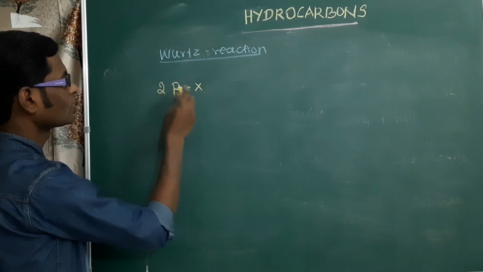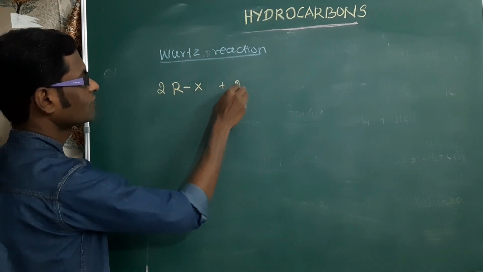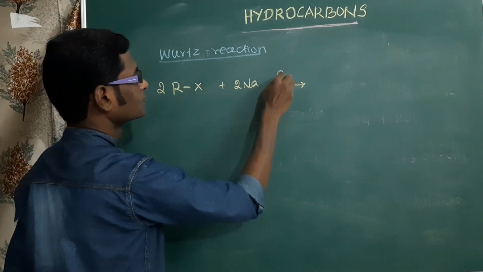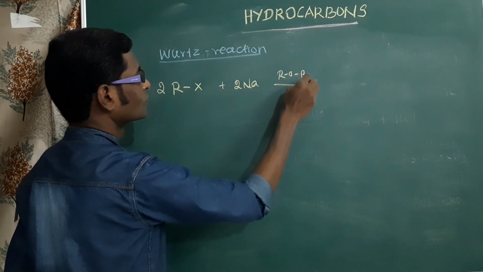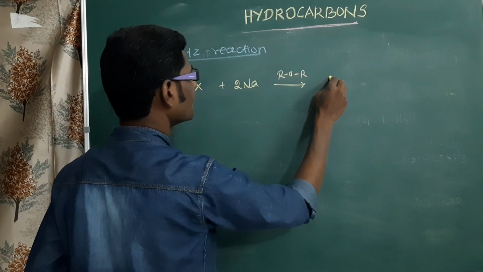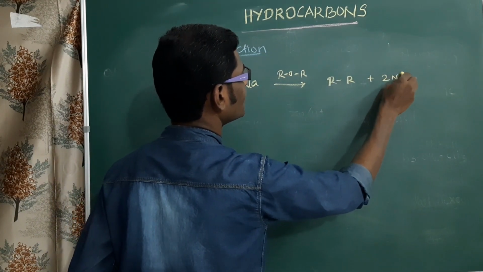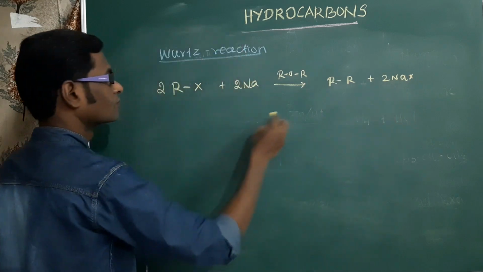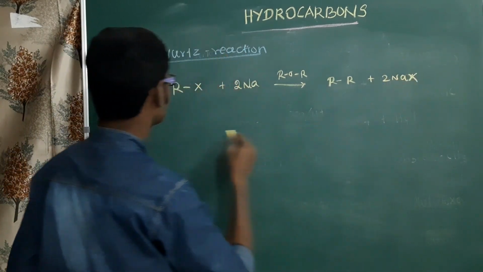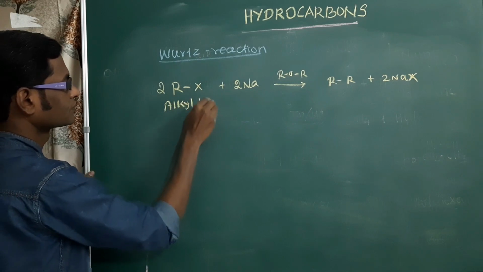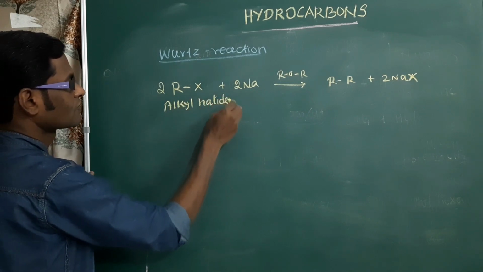Example, 2 molecules of alkyl halide react with sodium in the presence of dry ether to form a higher member of alkane plus 2NaX. Alkyl halide is converted into alkane in the presence of dry ether.